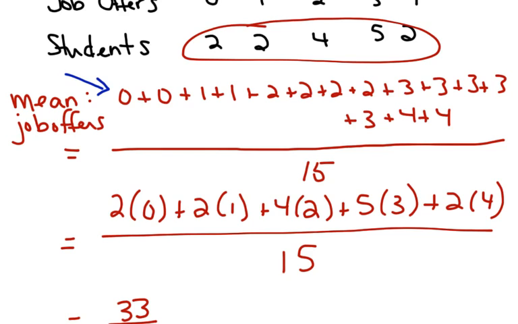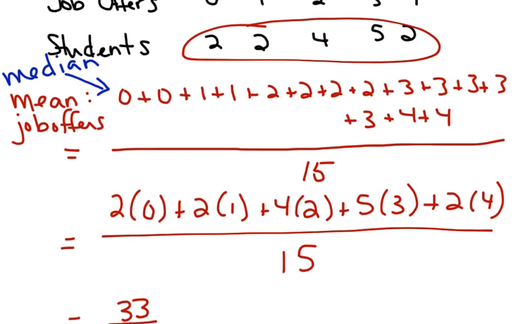So we just said that there were 33 job offers. Let me go back. In these numbers that I've written in order from least to greatest, we want to find the middle number. And since there are 15 numbers written down, there is going to be a number that's smack dab in the middle.